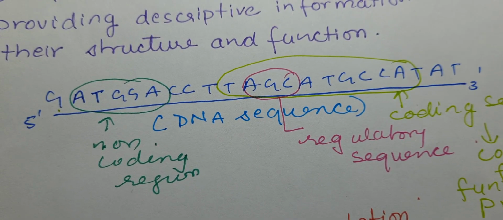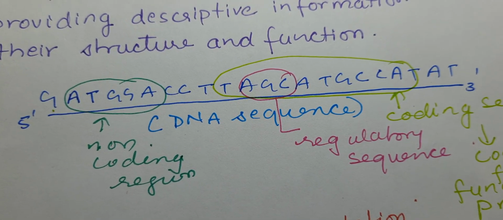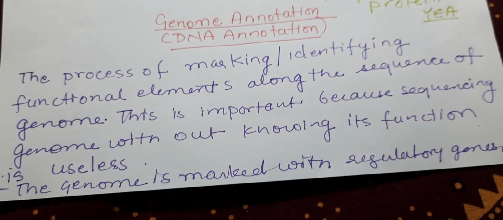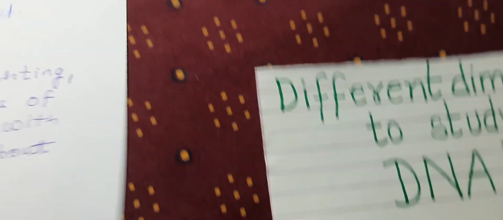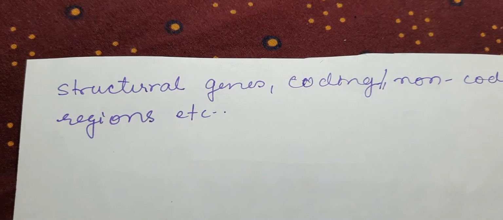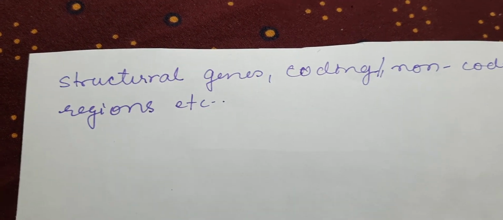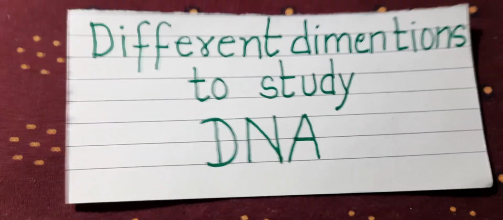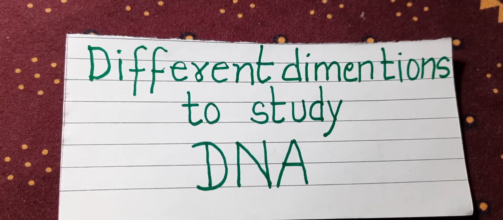So it is very important that we tag which particular region is important for which particular function. The genome is marked with regulatory genes, structural genes, coding and non-coding regions, etc. So these were a few little extensions of DNA topics which will help you understand DNA in a better way. Thank you.